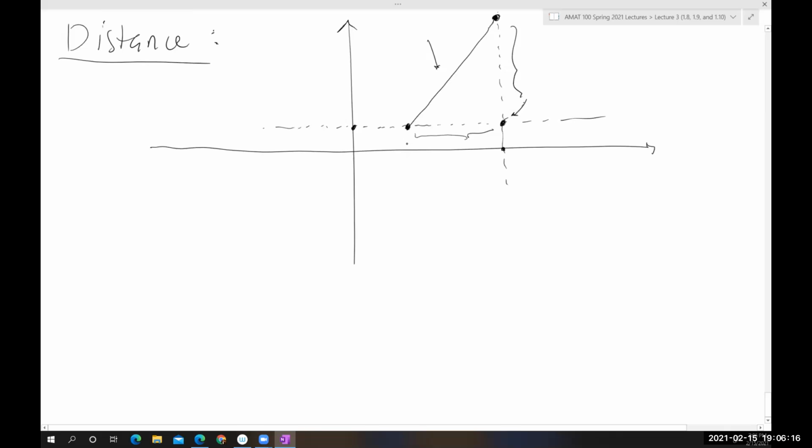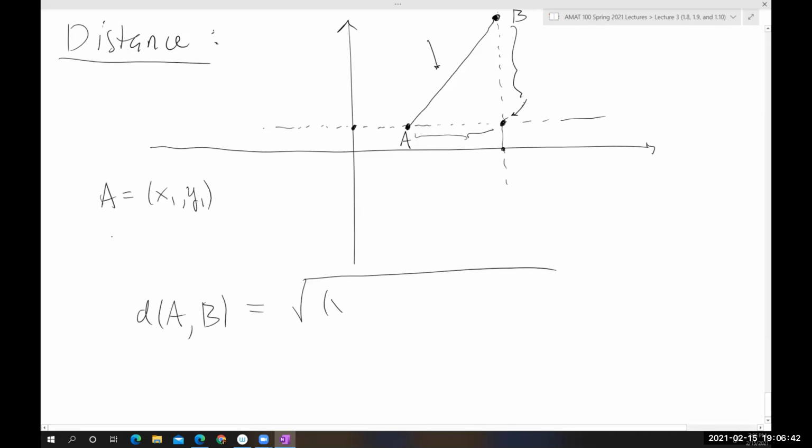So if this point right here is A and this one's B, and this is actually using more abstract notation, we can say the metric, or the distance between A and B, is the square root of, well, I need to give labels to these points. So A is x1, y1.